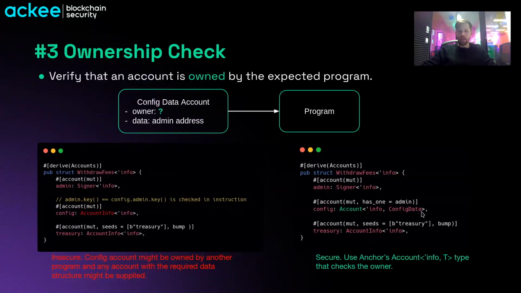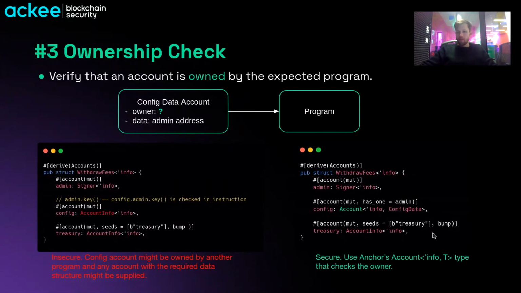So it's not very likely that you would use the account info. So in that way, Anchor is quite intuitive. But anyway, I wanted to show you here the ownership exploit, so you might know that it may happen.